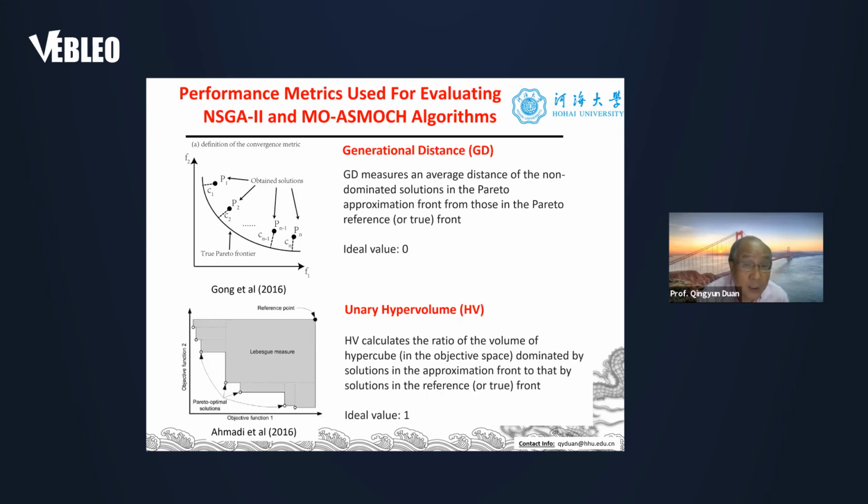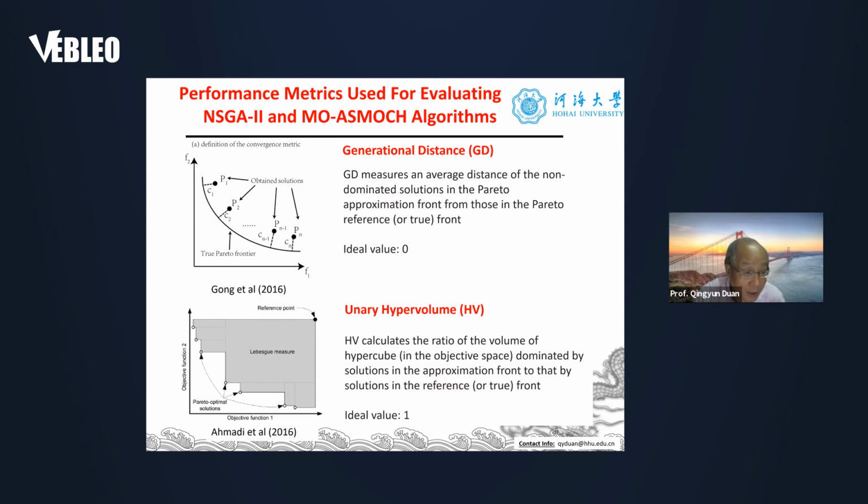We compare these two, and before we compare them, we present two metrics for comparing multi-objective algorithms. First is generational distance, GD. GD basically computes the average distance of the non-dominated solutions to some reference solution. So you average the difference.